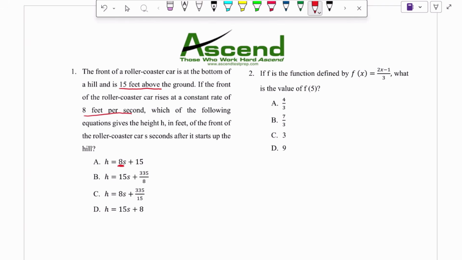If I was at 0 seconds, I would then be at 15 feet, and so that tells me we're on the right track here. Which of the following equations gives the height in feet of the roller coaster car seconds after it starts up the hill? Answer choice A.